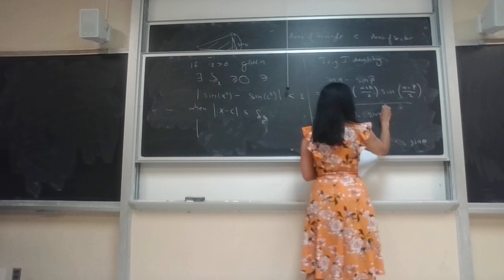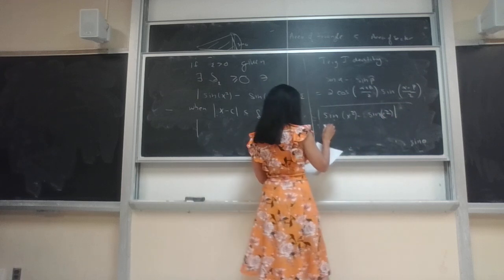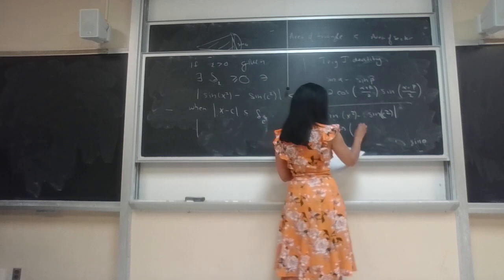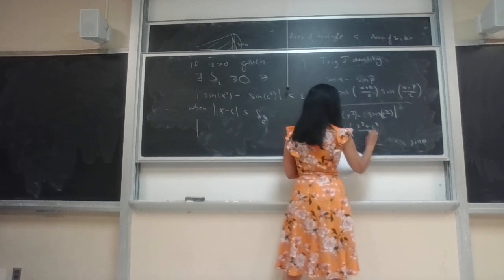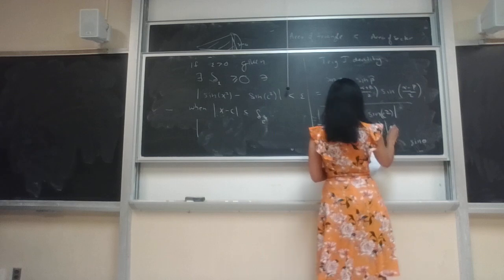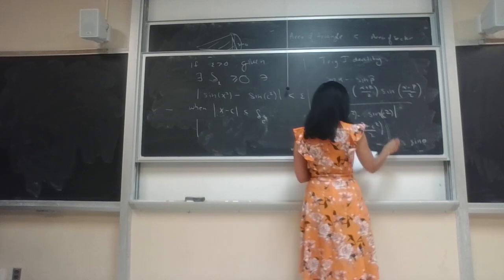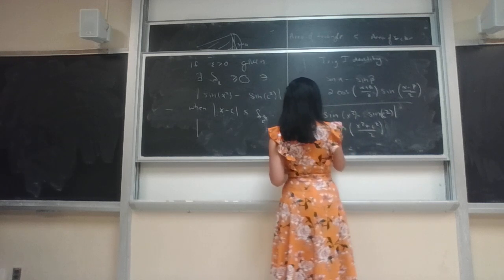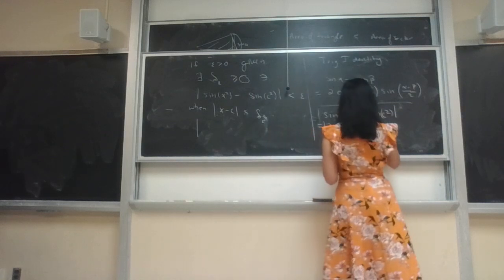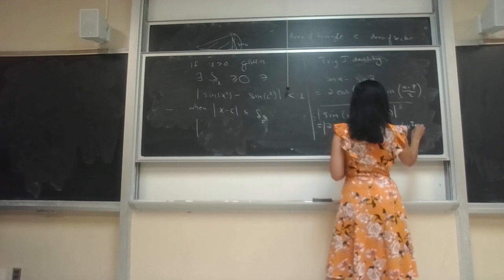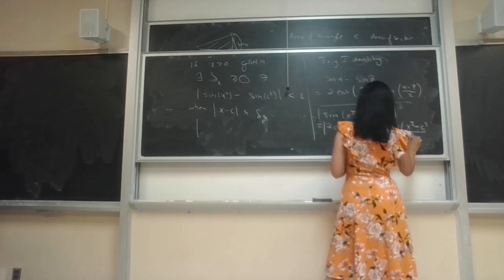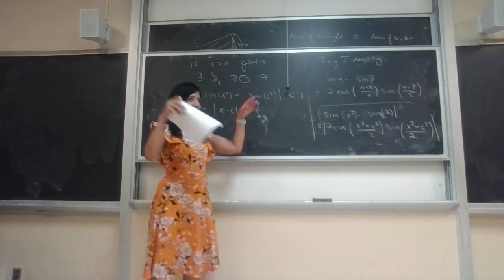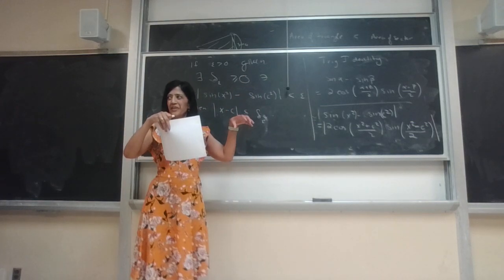So this is what I wanted to do. This is what my mind was thinking. That's what I wanted to do, so that I can get the x squared and c squared all together inside one argument.